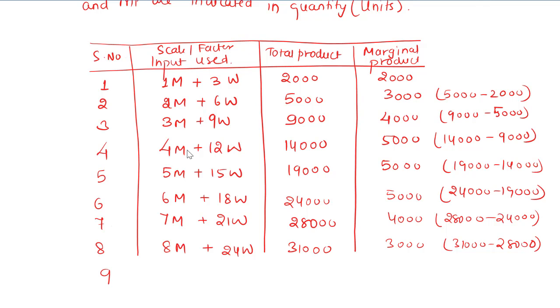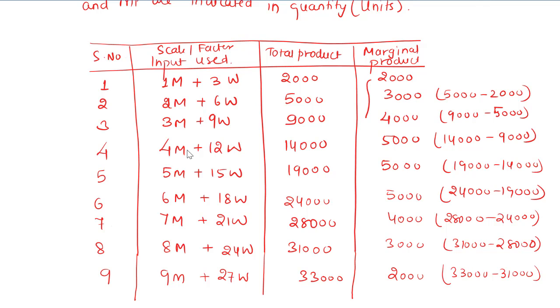And when you use one additional unit of machinery, 9 machines as well as 3 more workers, 27 workers, the total product increased to 33,000 and the difference is 2,000. That means the marginal product is 2,000, 33,000 minus 31,000. I believe you understood this.